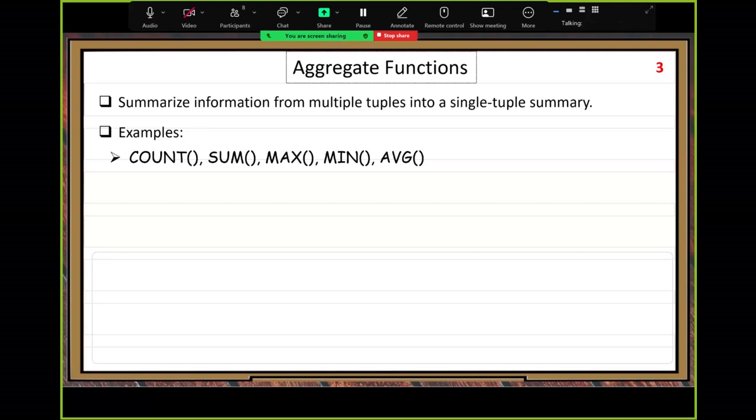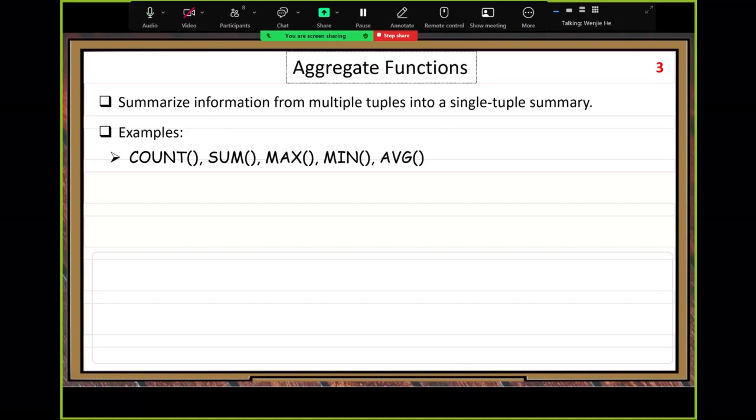Max function, min function: maximum, minimum. If there is a total order, you can apply max and min, so not necessarily numerical values.